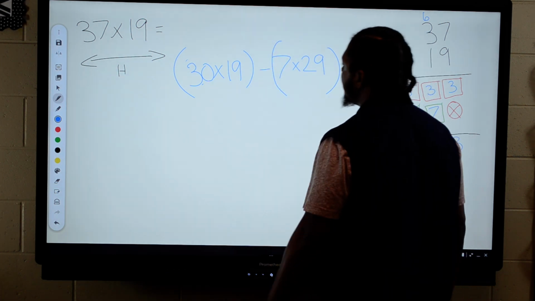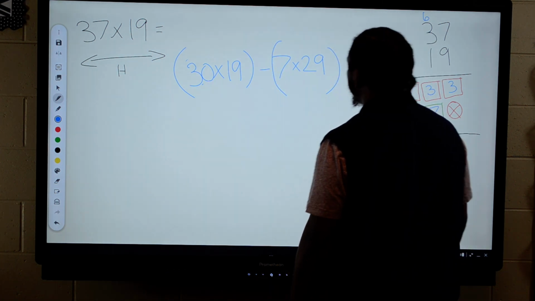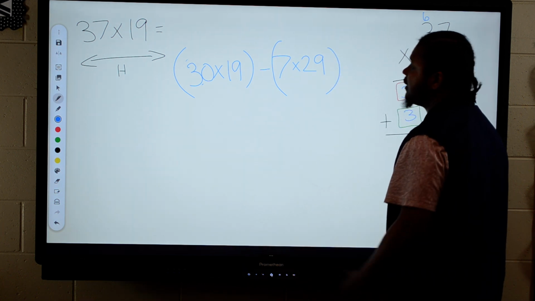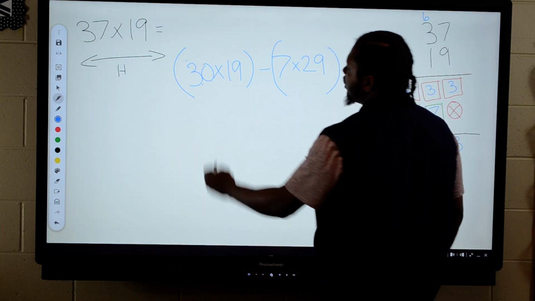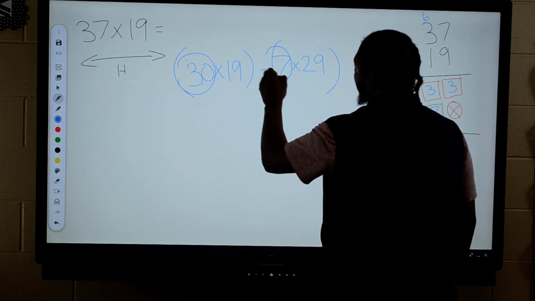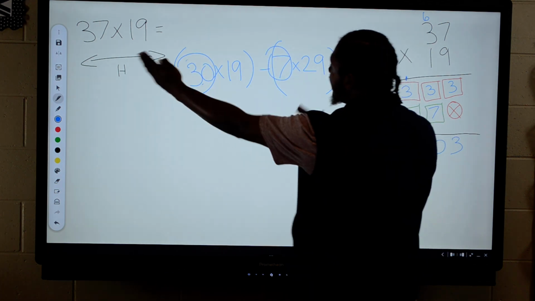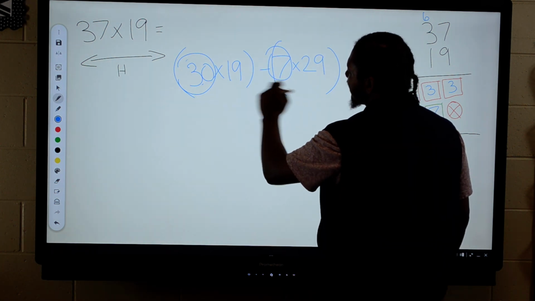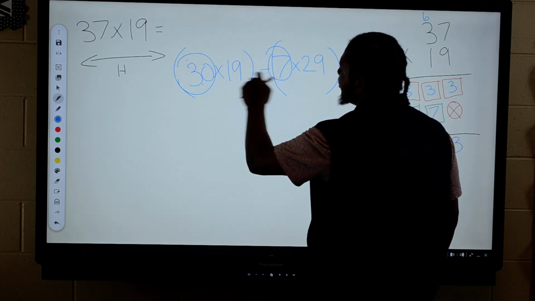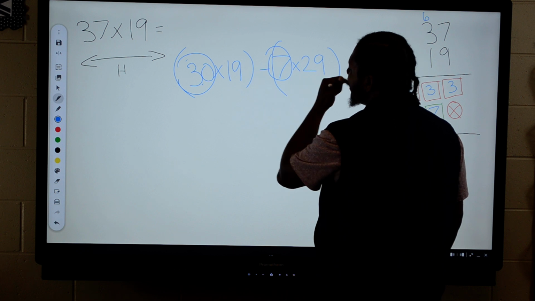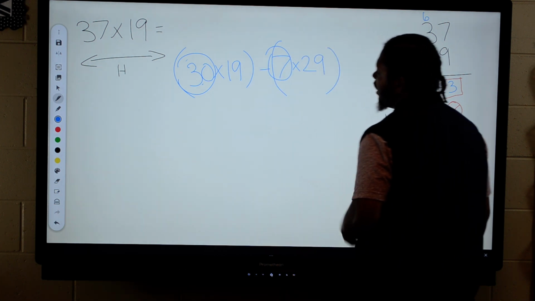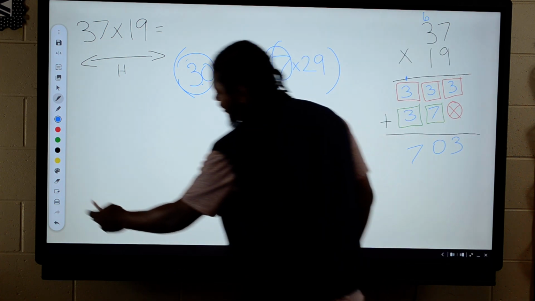In order to solve this, well, no, actually we don't have to solve this in order to figure out if it's equivalent. Here we go. We have our 30 and we have our 7. That's supposed to equal 37, except we're subtracting. So 30 minus 7, not 30 plus 7. So right there, immediately that lets you know this is not equivalent. But let's solve anyway.